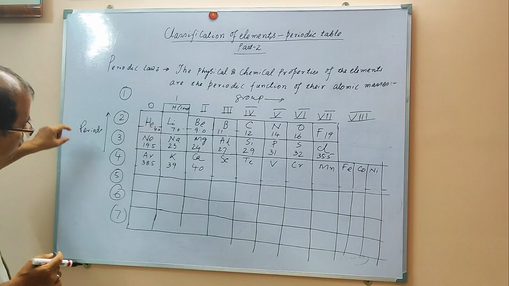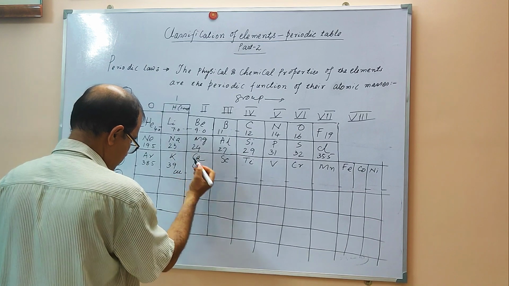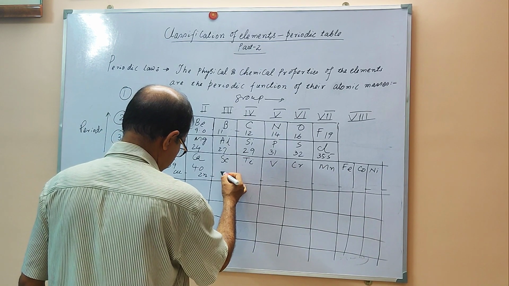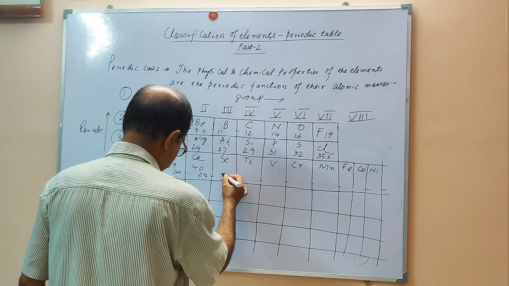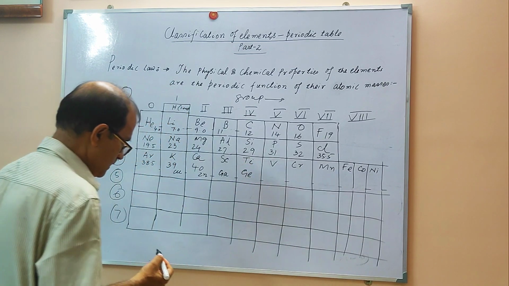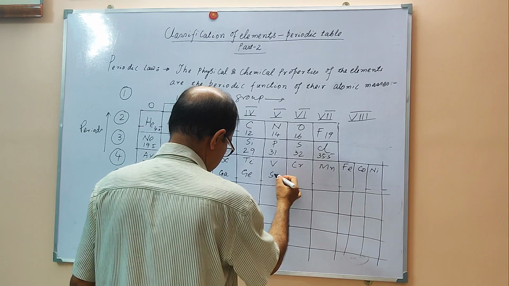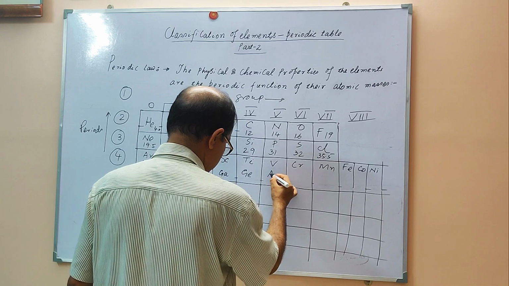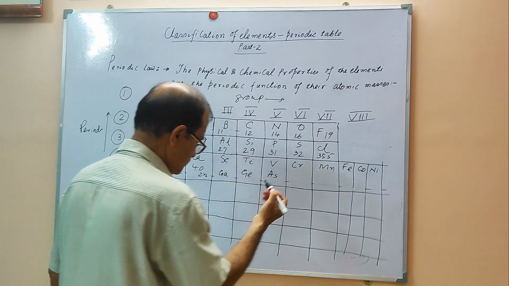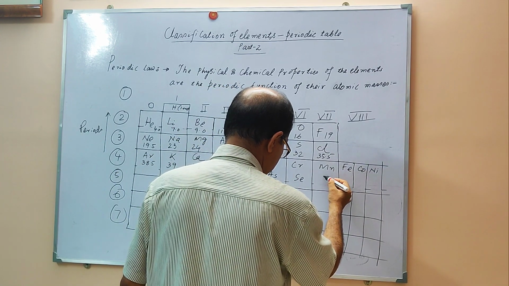Then in the fourth period there is copper, then zinc, then the next element, gallium, then germanium, then arsenic, then selenium, and bromine.